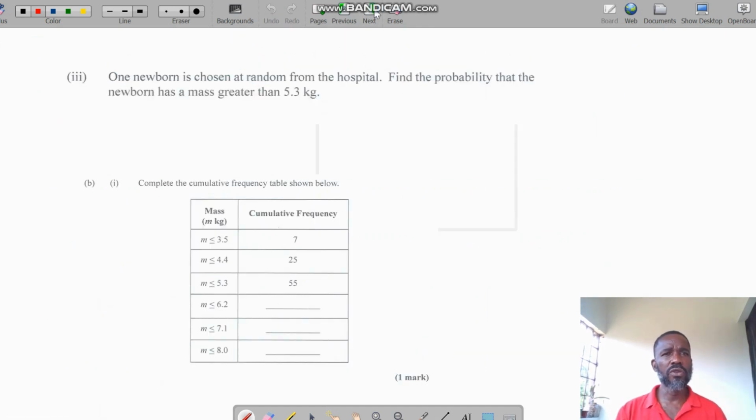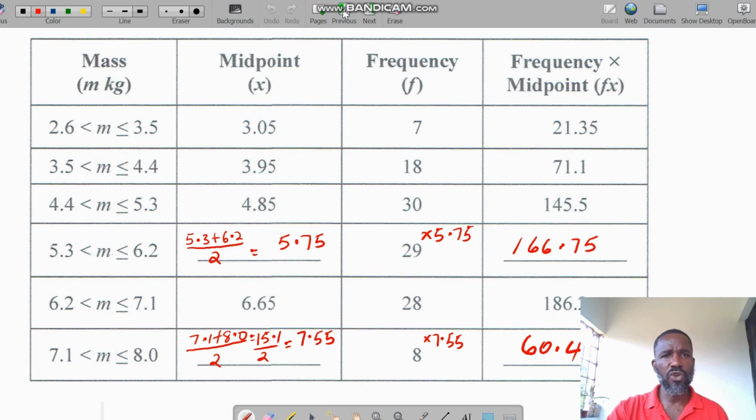Now, one newborn is chosen at random from the hospital. Find the probability that the newborn has a mass of greater than 5.3 kilograms. So if we go back, all the masses that were greater than 5.3 are these numbers here.